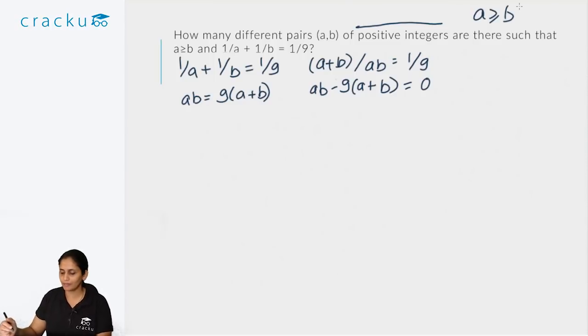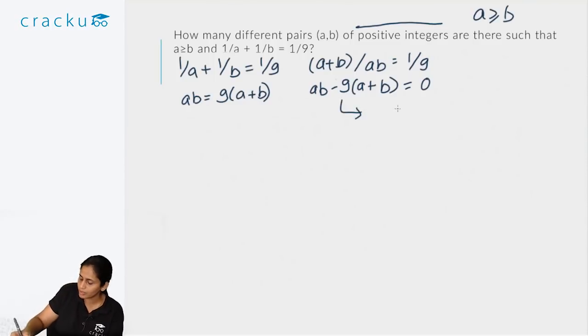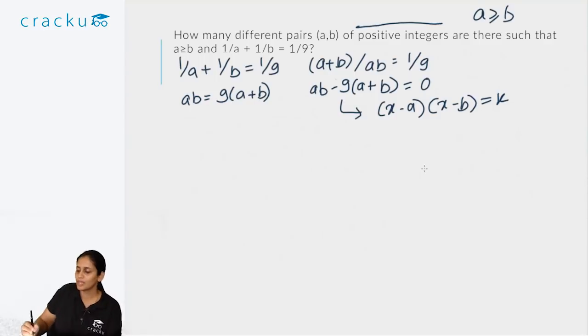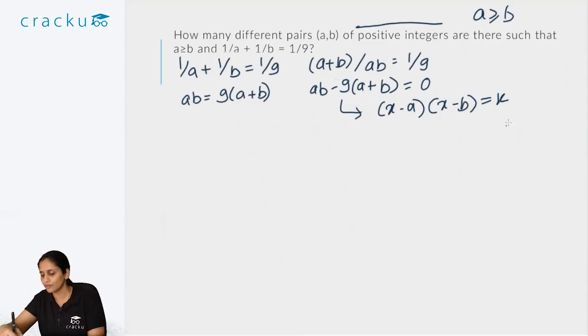So I basically have to change this equation into an equation such that (x minus A) into (x minus B) is equal to some constant k. So if I can change this equation to this format, then I can write down all the factors of k, and then I can say that if these are all the factors of k, that means x minus A is equal to this factor and x minus B is equal to this factor. Also, since we have the relationship between A and B, for each factor of k, I will get one pair A and B. So that is my end goal.